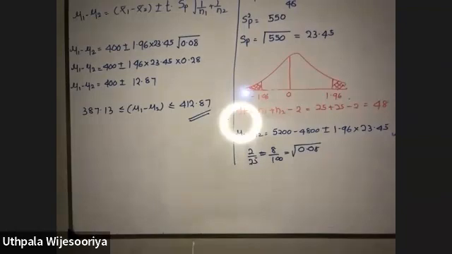So there is a difference between the sample measurement and the population measurement. That is called sampling error. Even if you use the most suitable sampling technique, the sample and the population are two different things, so sampling error occurs.